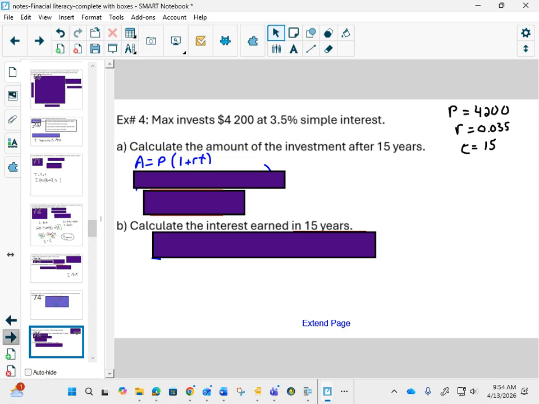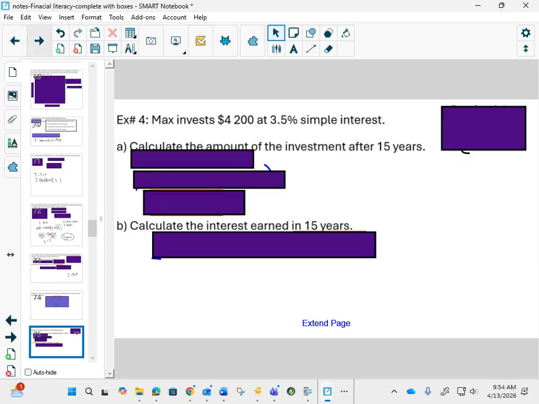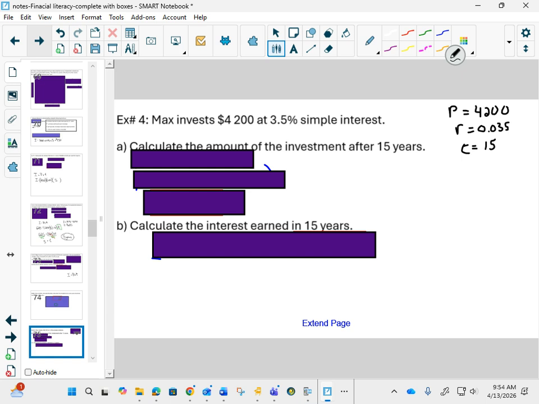Actually, I'm gonna go back. Personally for you guys, I think I would just calculate my interest first. Our interest formula is PRT: 4,200, the rate 0.035, the time 15 years.